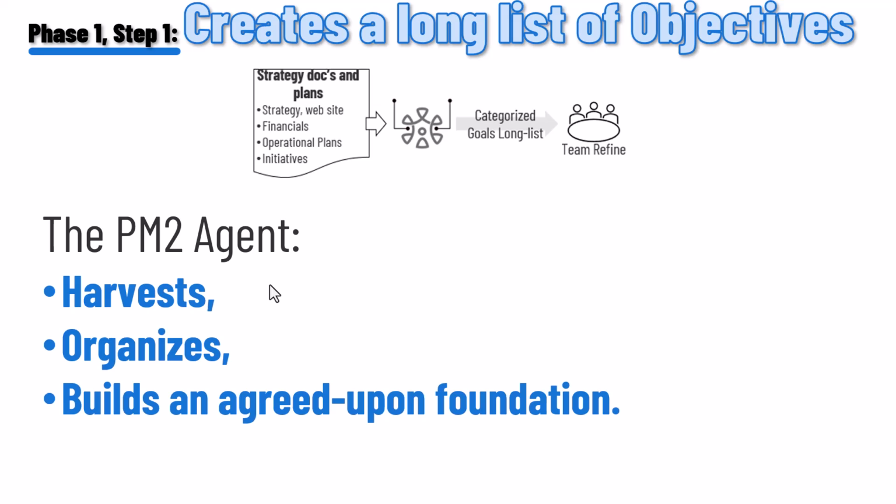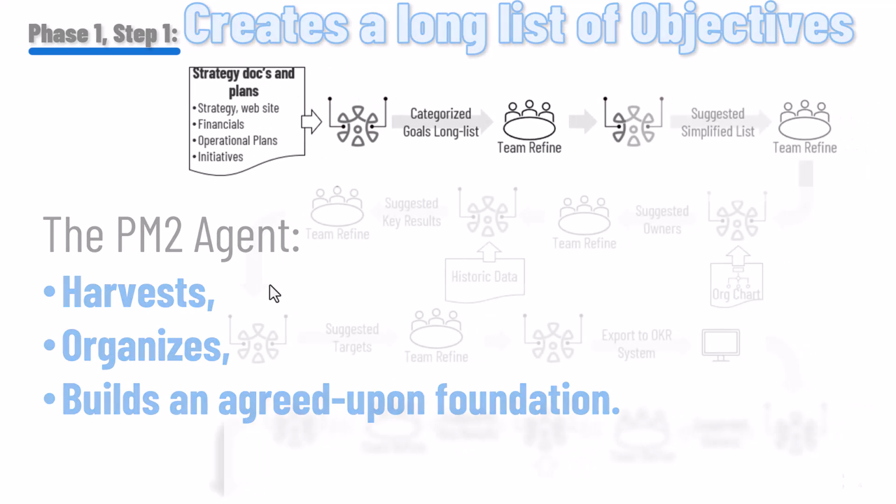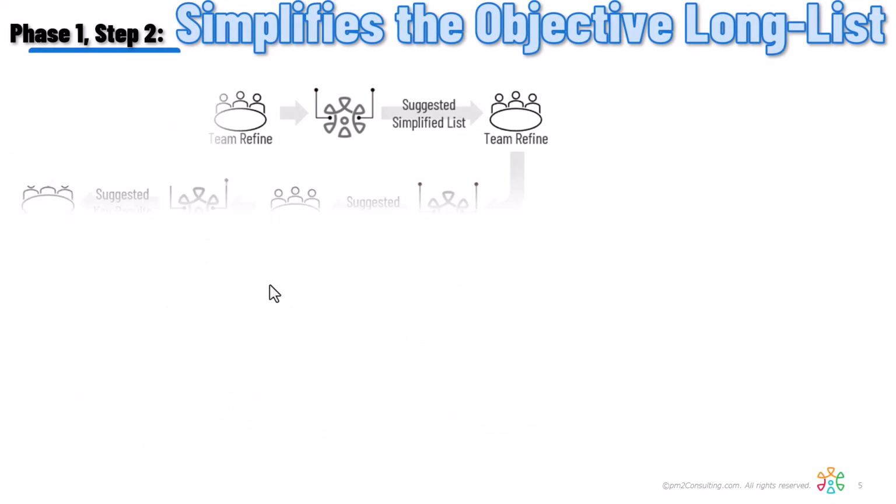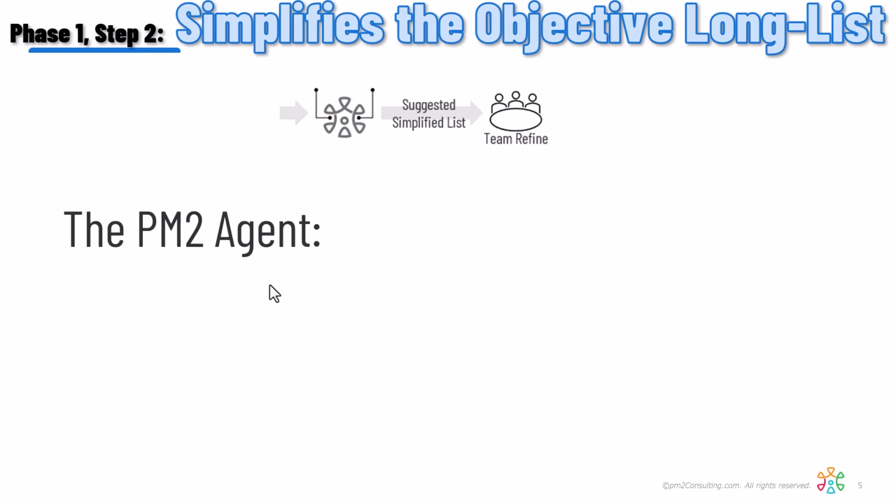Now, at the end of this, you've got that long list that you've put together. It's now going to take the next step for you and make some suggestions about how to simplify it. So what it's going to do is consolidate what you've got. So in many cases, you'll have the same thing stated many times, right? So the overall objective eventually might be grow sales, but you've got grow sales in Texas, grow sales for product alpha, grow sales in region 1.